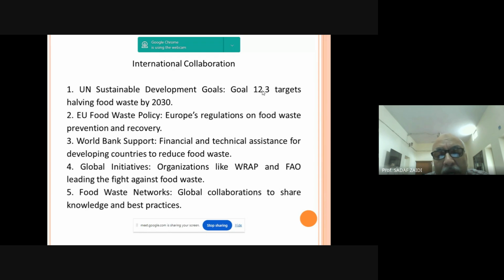World Bank could come in and help with finance and technical assistance, especially to the developing countries for reducing food waste. Then there could be global initiatives, organizations like WRAP and FAO. They could come in. And then food waste networks. There could be global collaborations to share knowledge and best practices. So all these things, they are there.